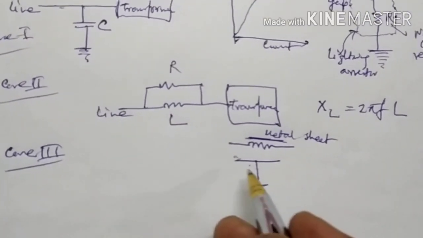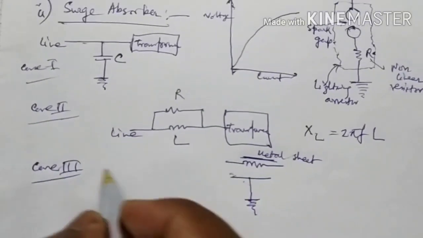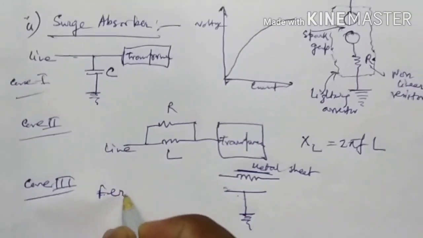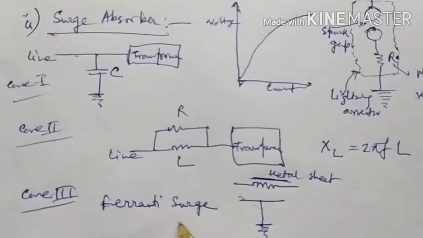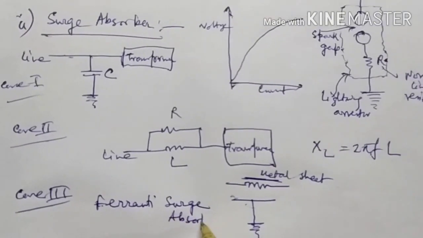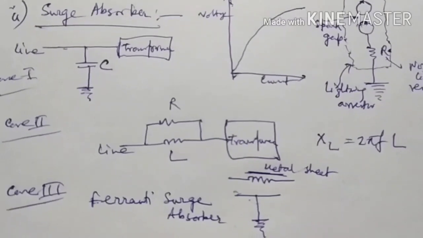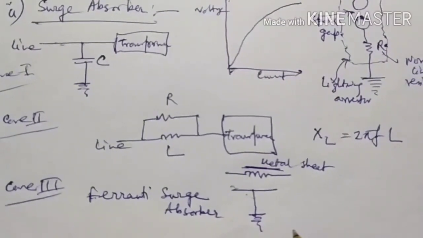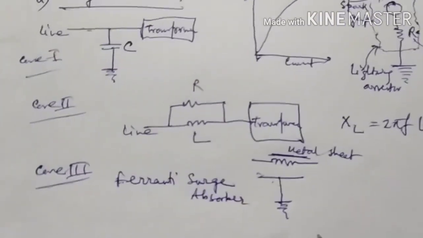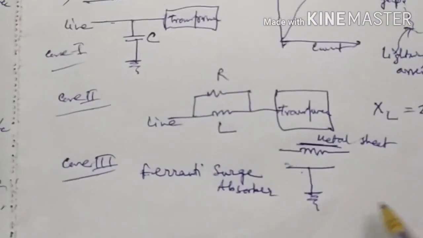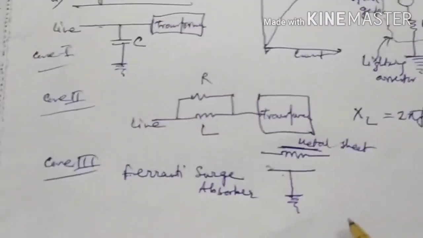This process is called a Ferranti surge absorber. Here the inductor is surrounded by, but insulated from, the earthed metallic sheet called a dissipator.